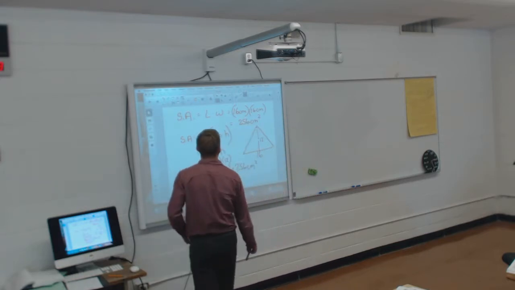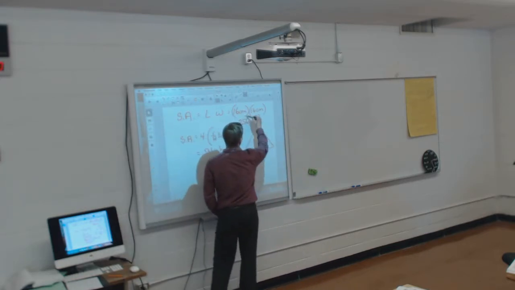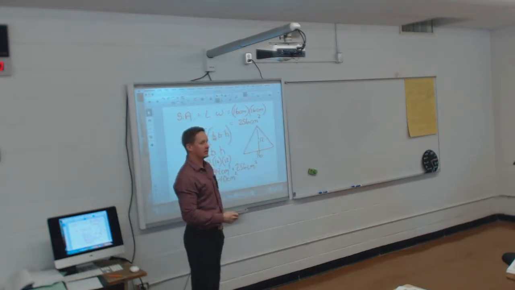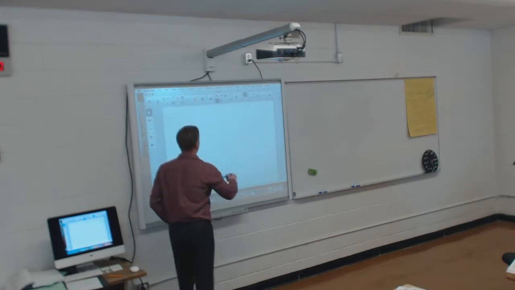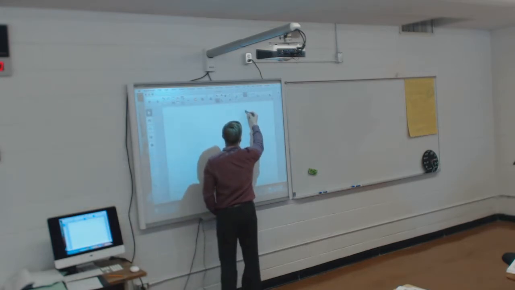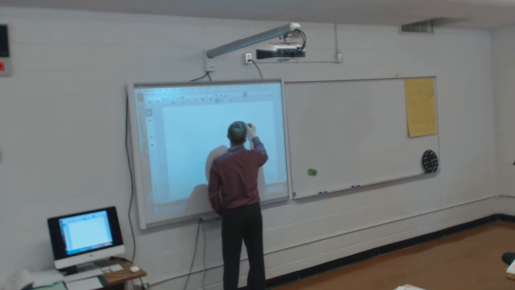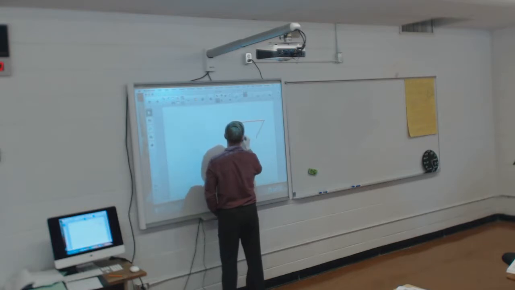Now, what happens if it's not b squared? Let's say I have a rectangle. How does that change the situation? Well, I'm going to show it to you right now.